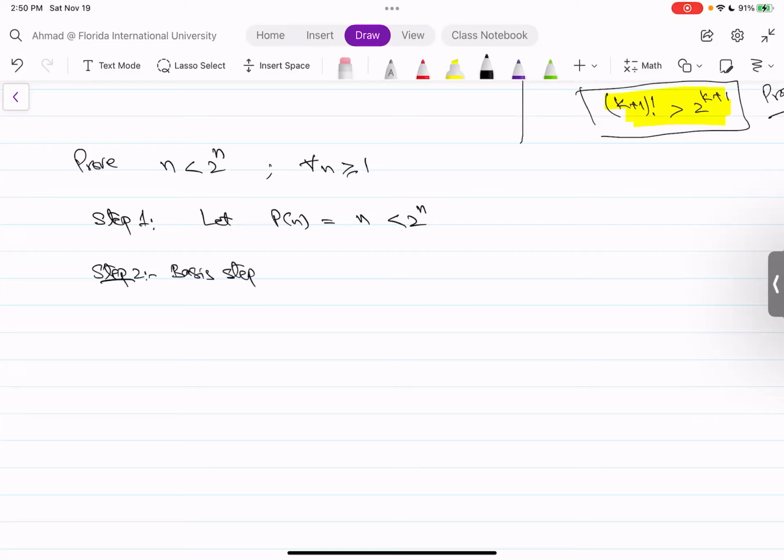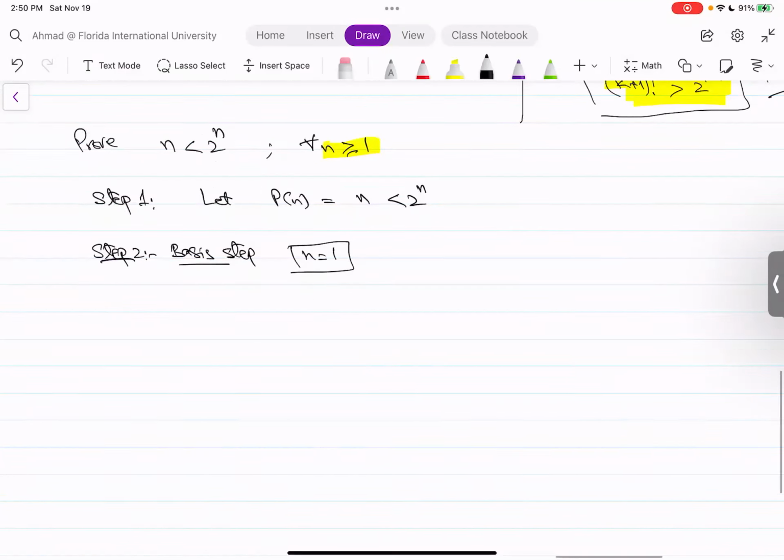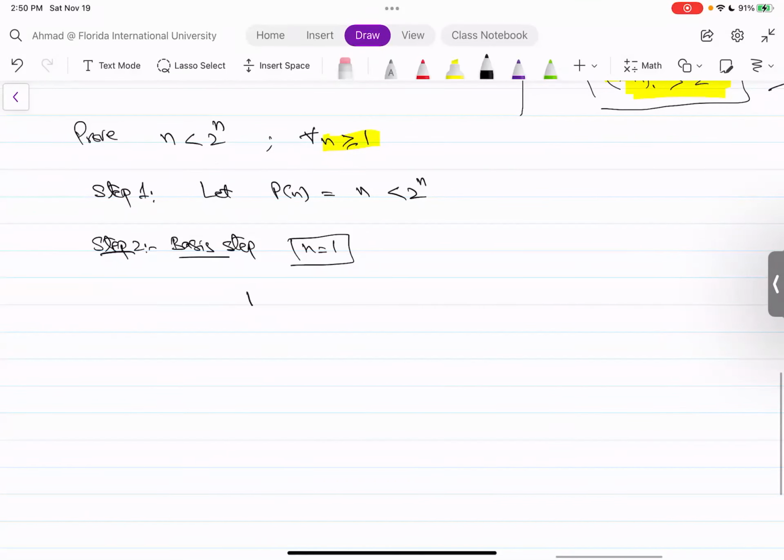In the basis step, we have to solve it for the smallest value of n, which happens to be 1. So for n equal to 1, 1 should be less than 2 to the power of 1, which is true. That means our basis step is correct.